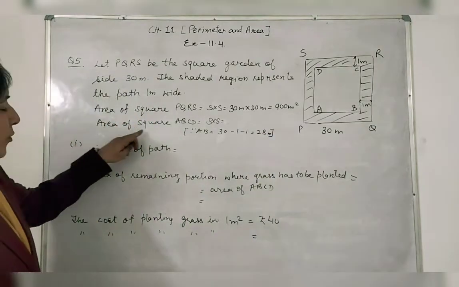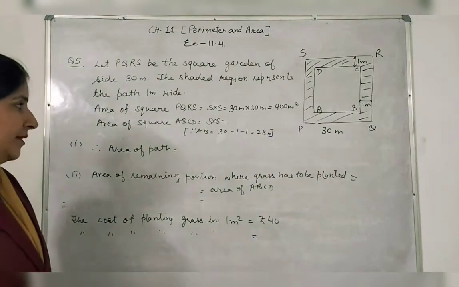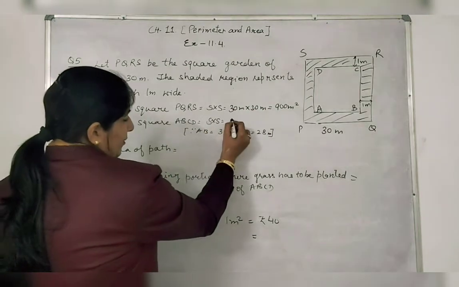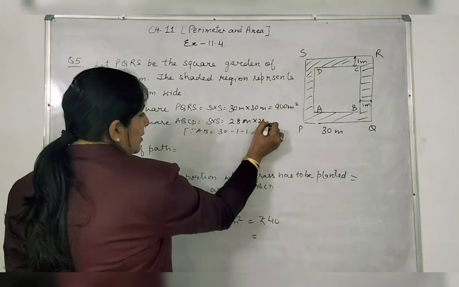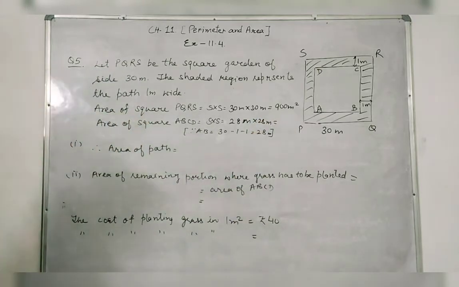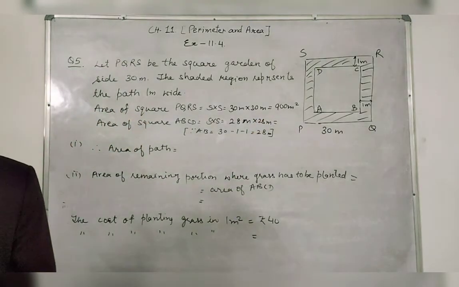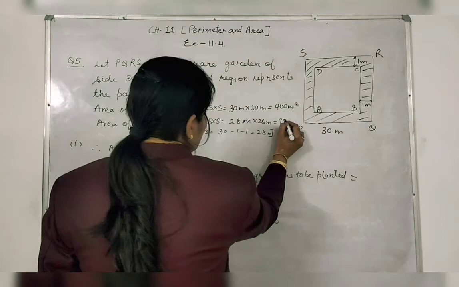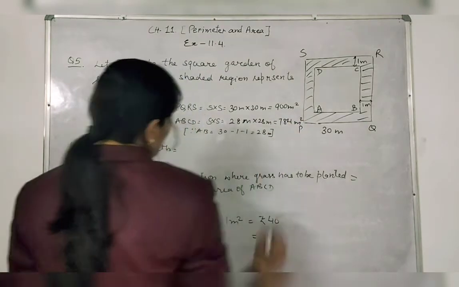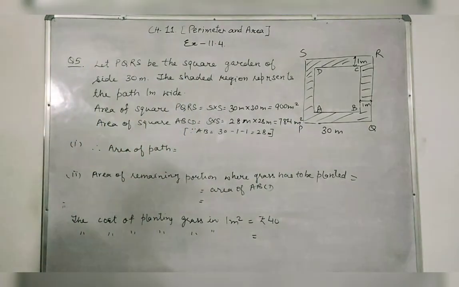So now we can calculate the area of square ABCD. Side into side means 28 meters multiplied by 28 meters. After calculating, we get 784 meter square as the area of square ABCD. Now it is time to calculate the area of the path.